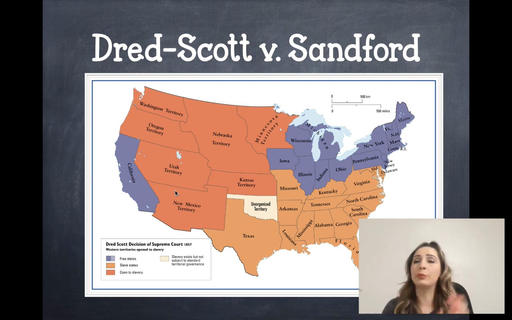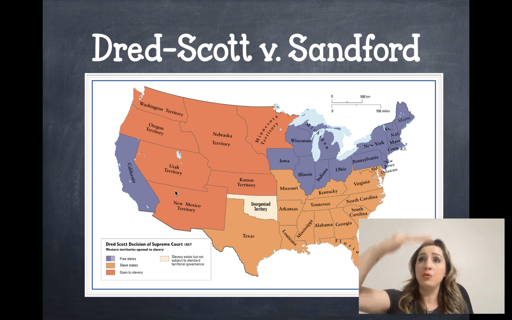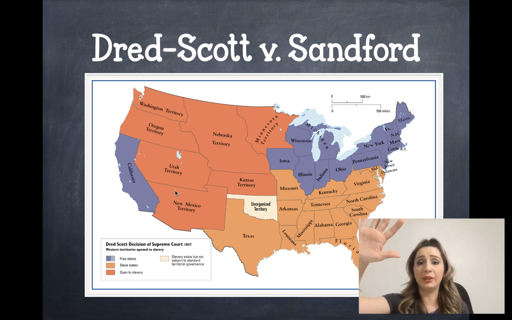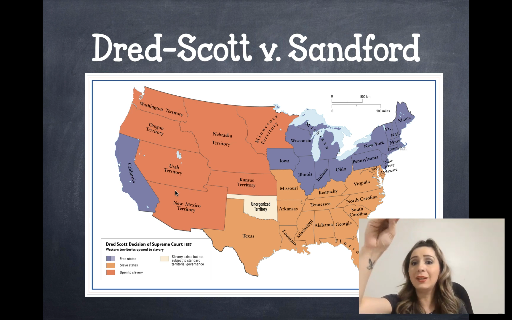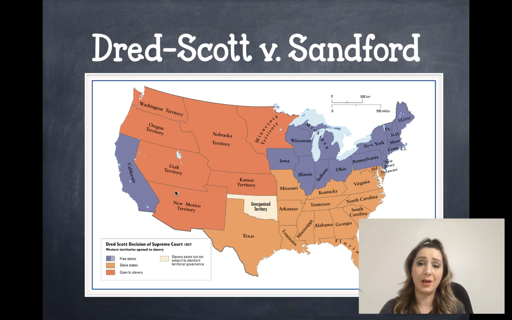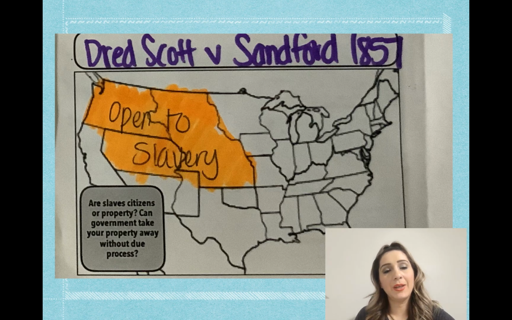All the other compromises, all the other things that we've been trying to do, like the Missouri Compromise, that's unconstitutional. We cannot say that from this line north, there's no more slavery. Because if you are a slave holder, you're going to lose your property. And by law, we cannot take away your property without due process. So basically, everything is open to slavery now.